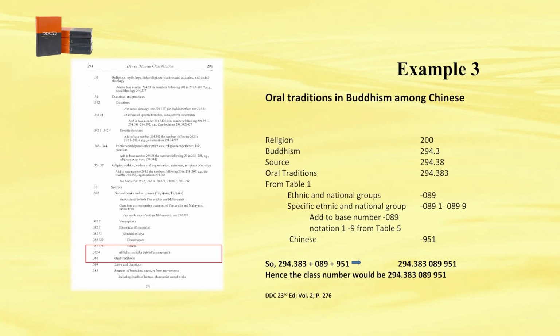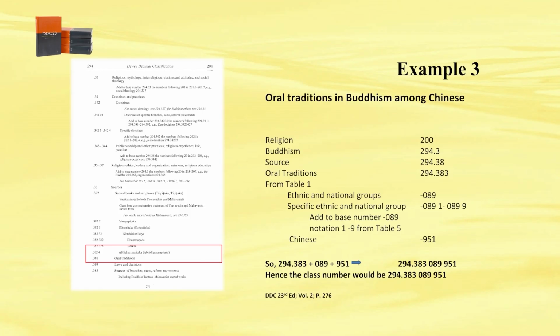Now we have to derive the number for the Chinese. We know that in table 6 we will get the national group or ethnic group, but there is no provision or instruction under oral tradition to go for table 6. So we have to bypass it. Naturally, the table which we can use on our own is table 1. So we move to table 1.